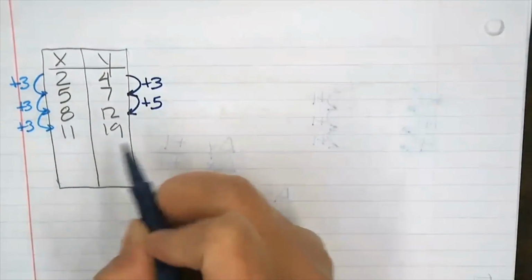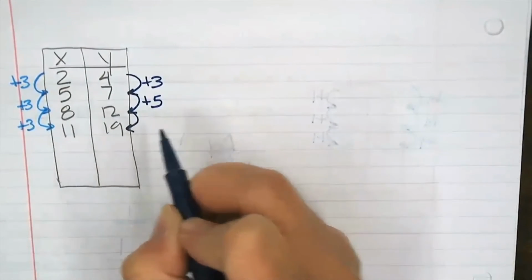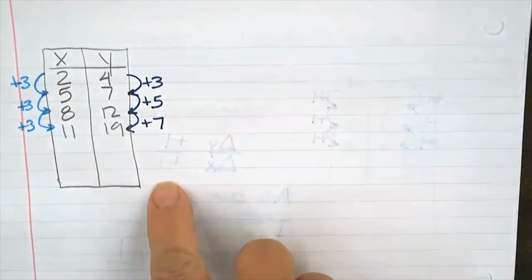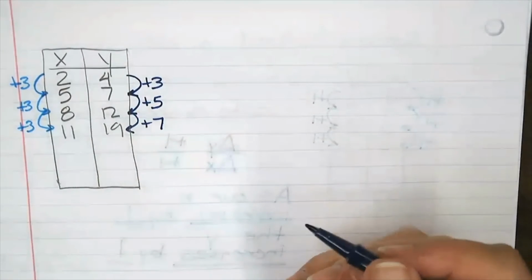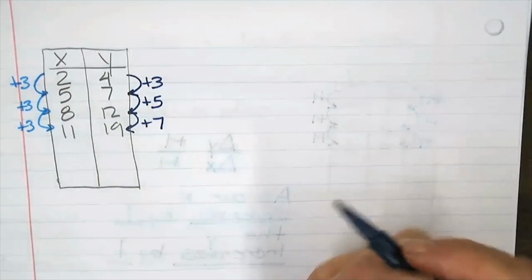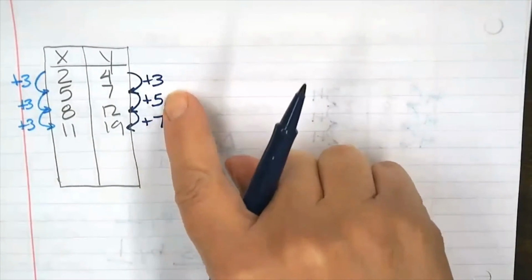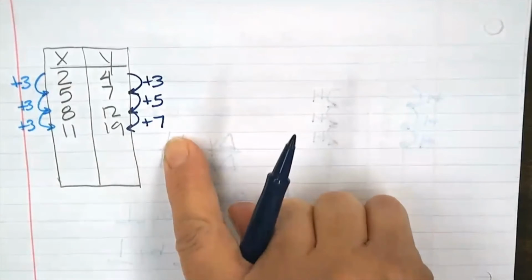Plus 5. Whoa. Plus 7. Now, I definitely see a pattern here, but my change is not constant. It's changing. I have a 3, a 5, and a 7. Those are all different. It is not constant.